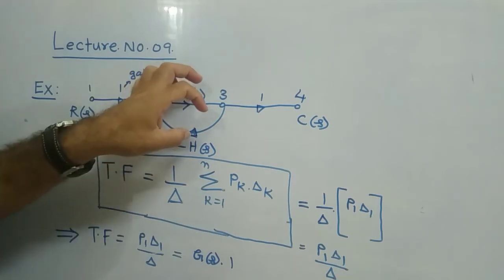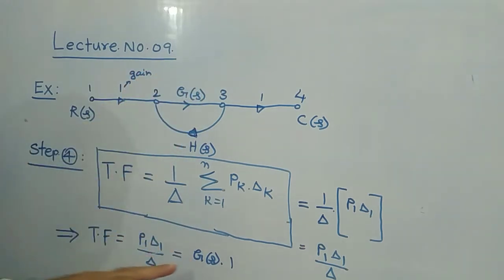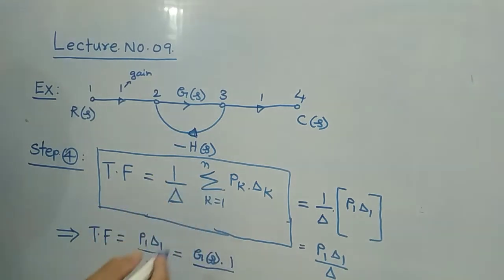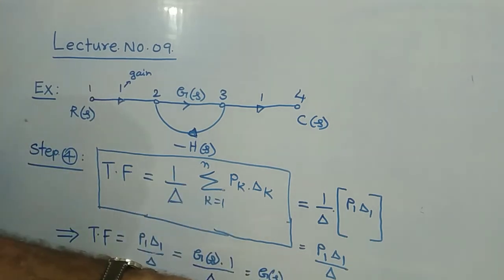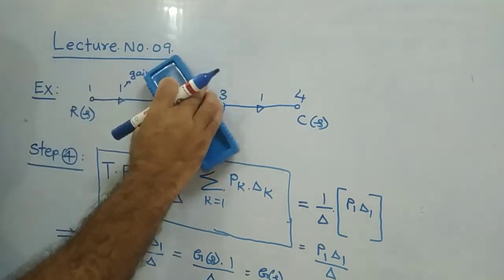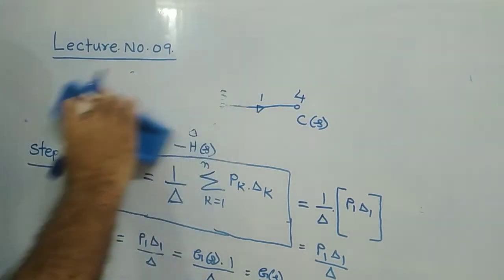In this case your delta 1 becomes 1. Therefore it is G of S into 1, nothing but G of S by delta. What is delta? Further, how should we find the value of delta? I will erase this problem and explain here.